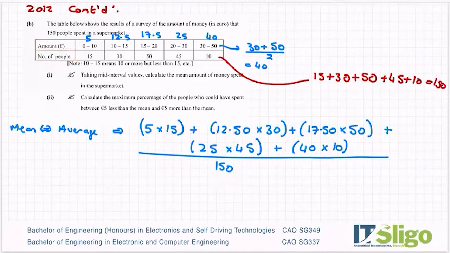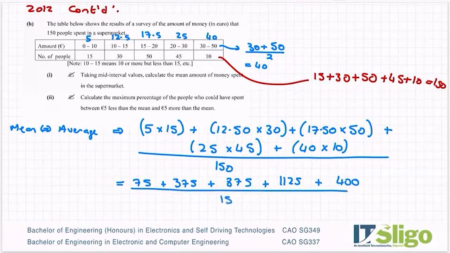Okay, so let's put that into our calculator. And it's very easy to make mistakes when you put something this big into a calculator. So 5 by 15 is 75, plus 12.50 by 30 is 375, plus 17.50 by 50 is 875, plus 25 by 45 is 1125, plus 40 by 10 is 400, all over 150.